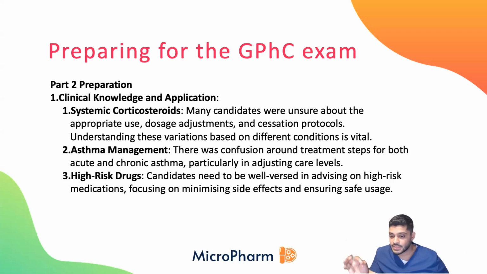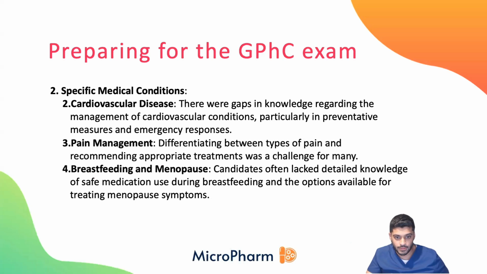There are certain circumstances where you should wean more slowly and where it's safe to stop the prednisolone, so understanding the differences based on the different conditions is vital. Asthma management: confusion around steps with acute and chronic asthma management, adjusting care levels and knowing the high-risk drugs, which we went through already. Cardiovascular disease: there were evidently gaps in knowledge regarding the management of cardiovascular conditions, particularly preventative measures and emergency responses.